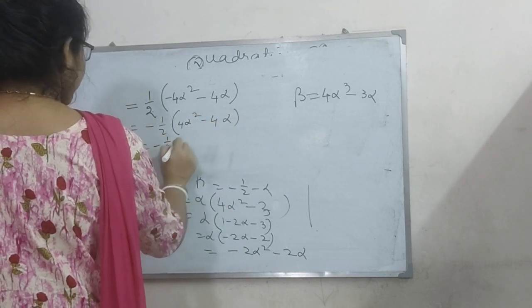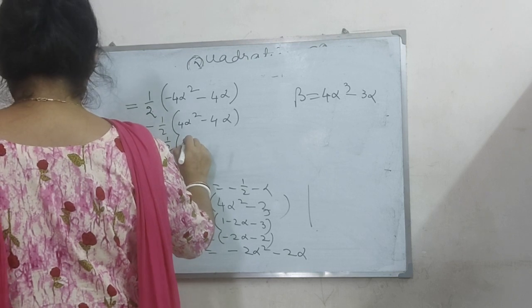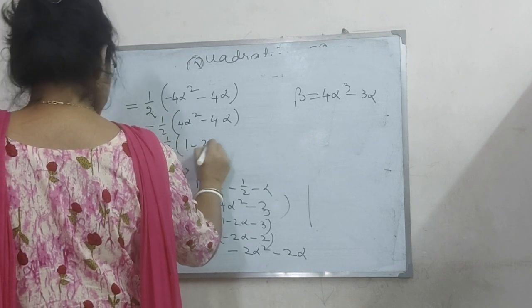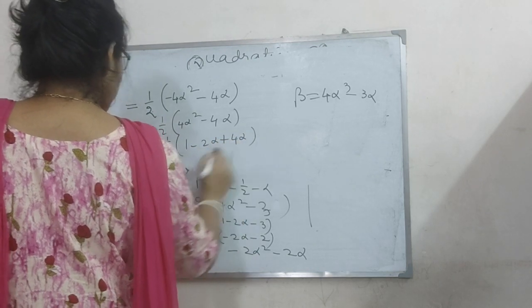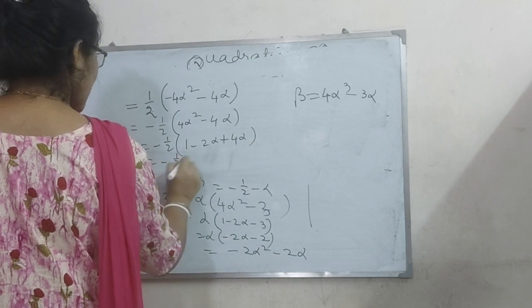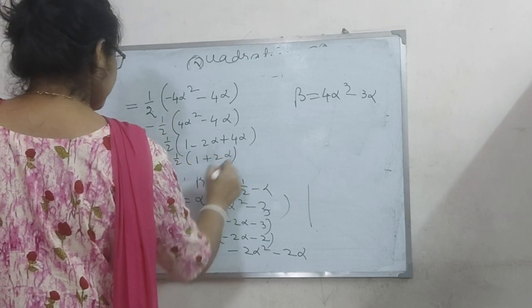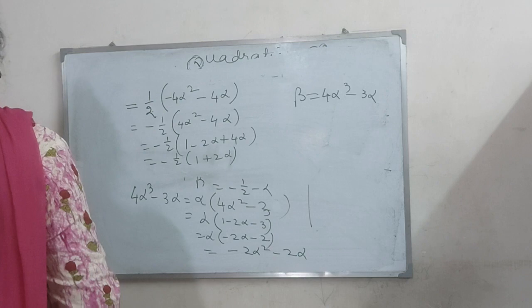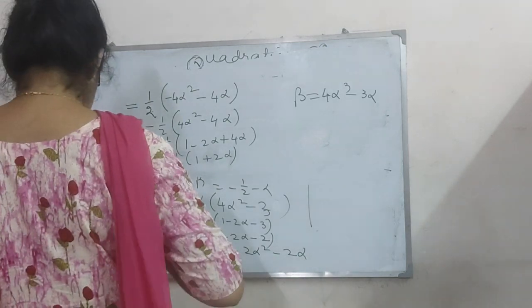I know 4 alpha square equal to 1 minus 2 alpha, so this is minus half (1 minus 2 alpha plus 4 alpha), which equals minus half (1 plus 2 alpha).